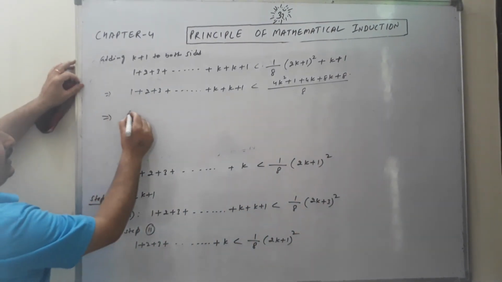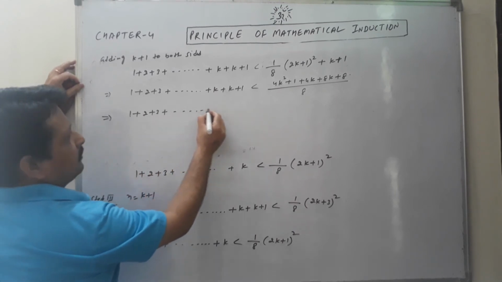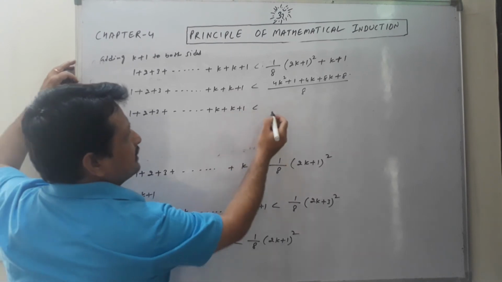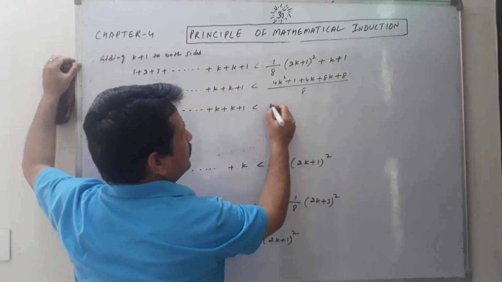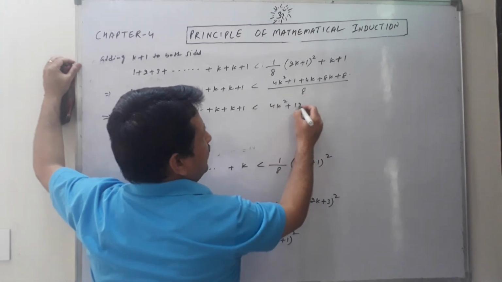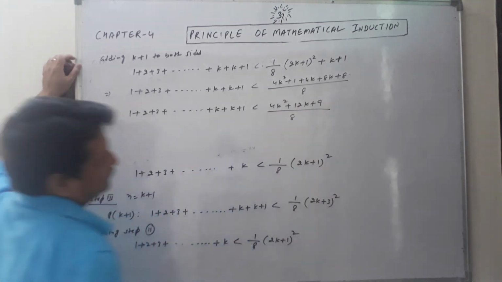Or this implies that 1 plus 2 plus 3 plus so on plus k plus 1 is less than, what we can say, students, 4k square plus 8 plus 4 is 12, so 12k plus 9 upon 8.